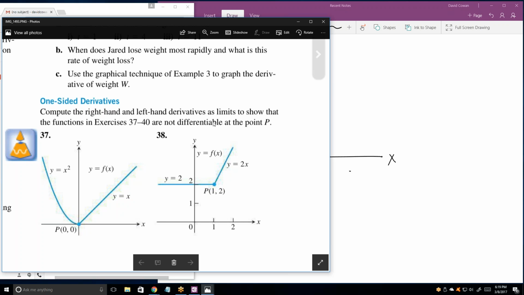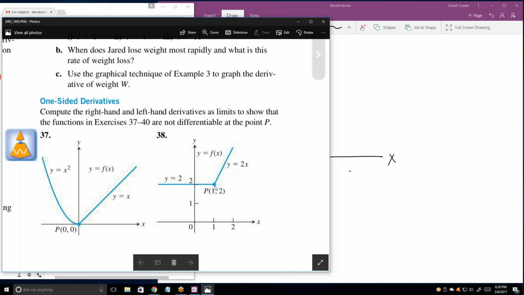Now, compute the right hand and left hand derivatives. At this point that I'm pointing at here, P in 38, what's the derivative from the left? Oh yeah, that's a slope, so it would be 0.